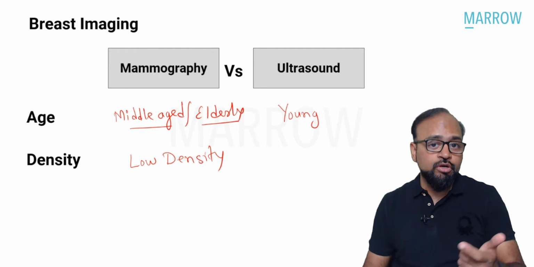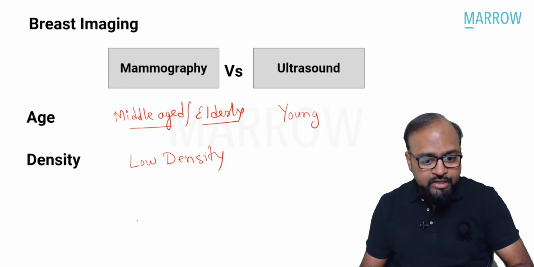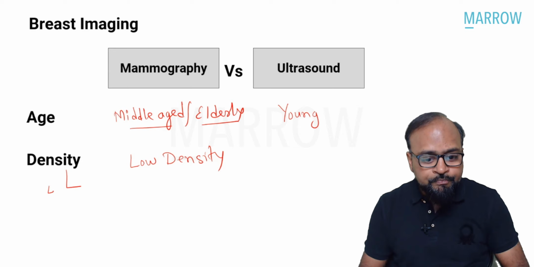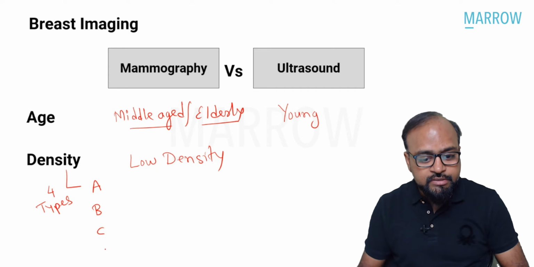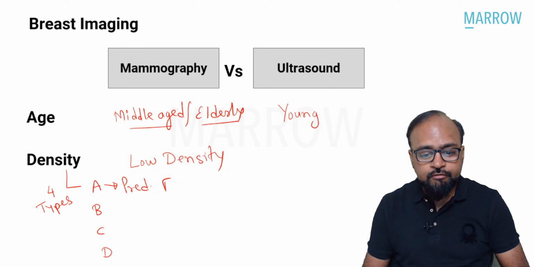In fact, remember, breasts based on their imaging characteristics on mammography can be classified into 4 types based on density. These are called types A, B, C, and D. Type A breast density is predominantly fatty.